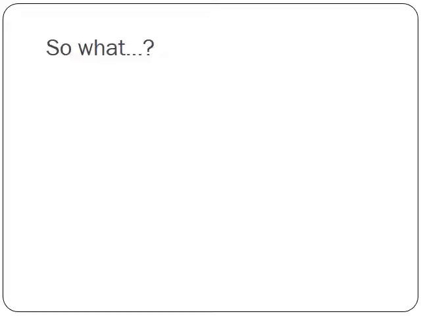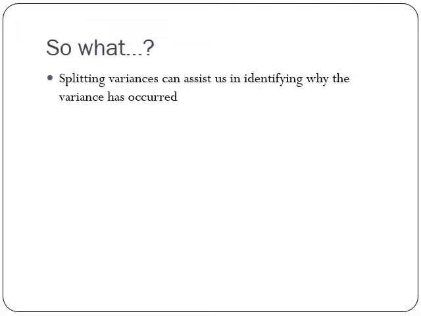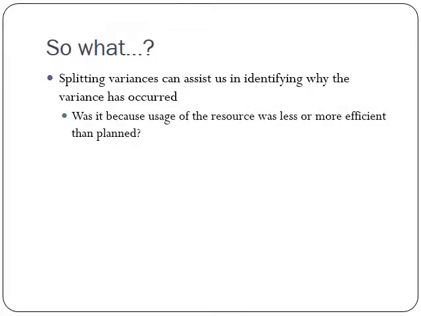Now that we've gone through that process, you might be thinking, well, so what? I've learnt how to calculate some variances, but what does it actually tell us? Well, splitting these variances, so splitting that cost variance into rate or price variances and usage or efficiency variances, does help us identify why that variance has happened.